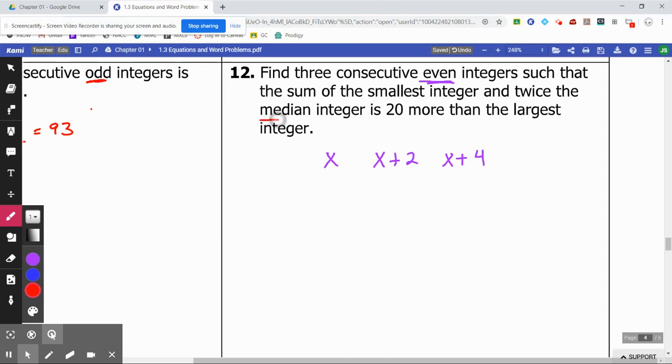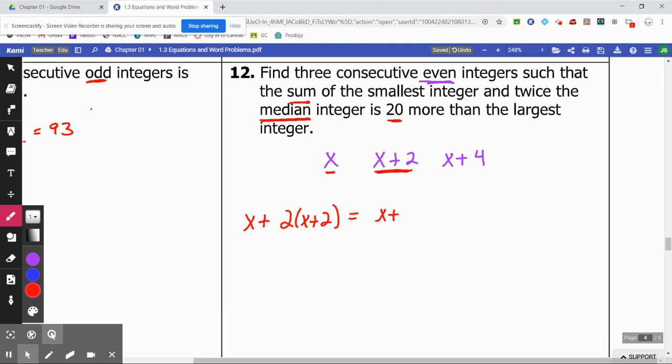And if you don't remember what median is, median simply means middle. The median integer is 20 more than the largest integer. So the sum of the smallest, which is this one, and twice the median, or twice the middle, is 20 more than the largest.